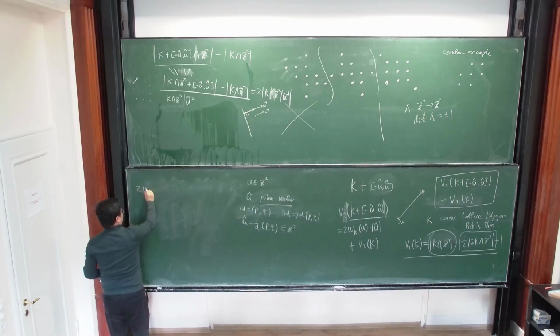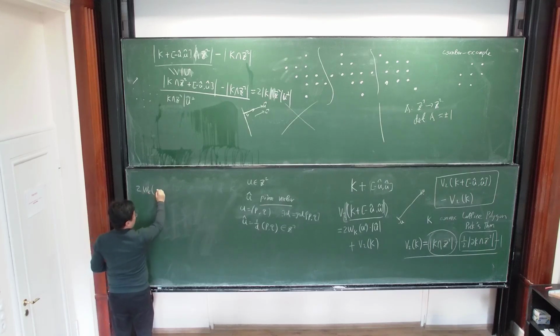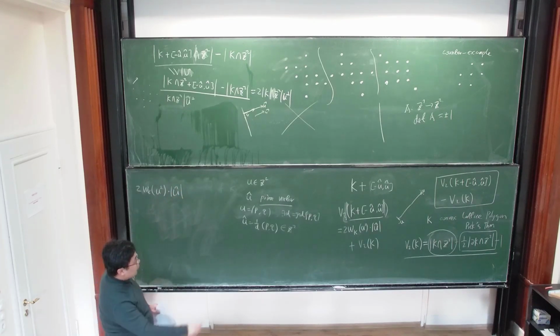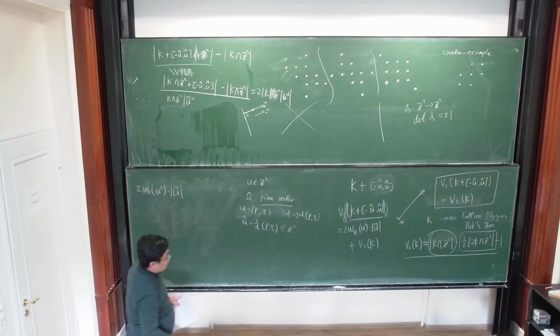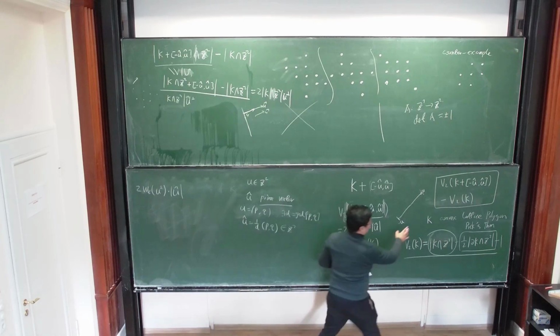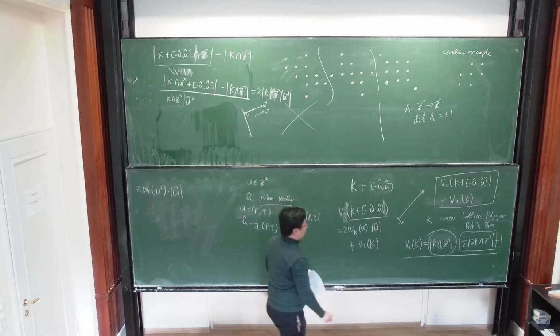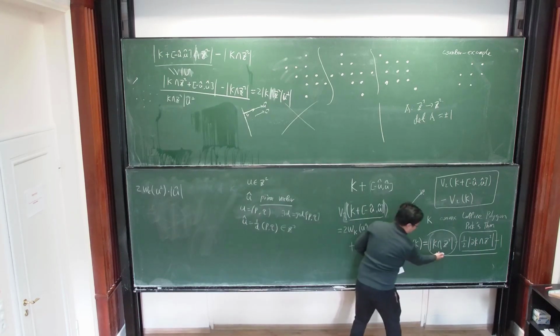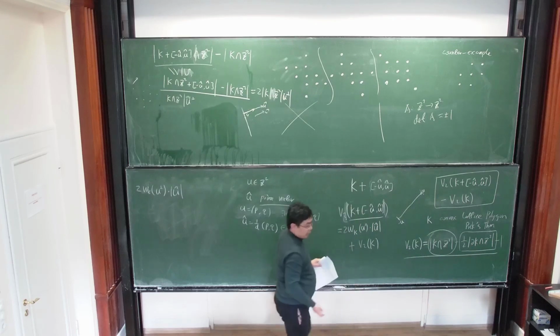You have 2 times the width of the U perp times U hat is equal to the V2. And exactly using Pick's theorem is equal to the difference of these 3.